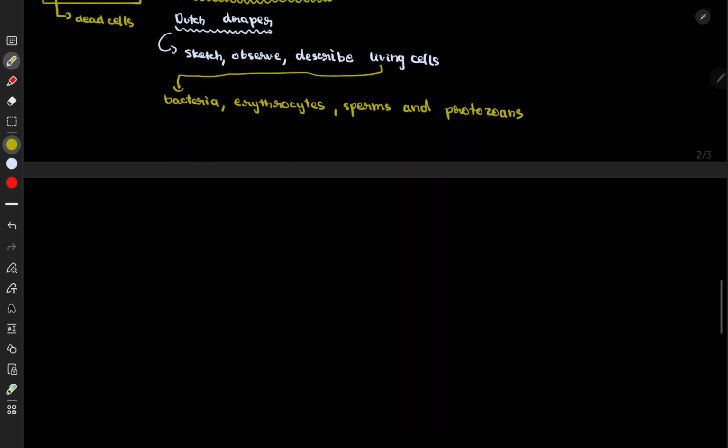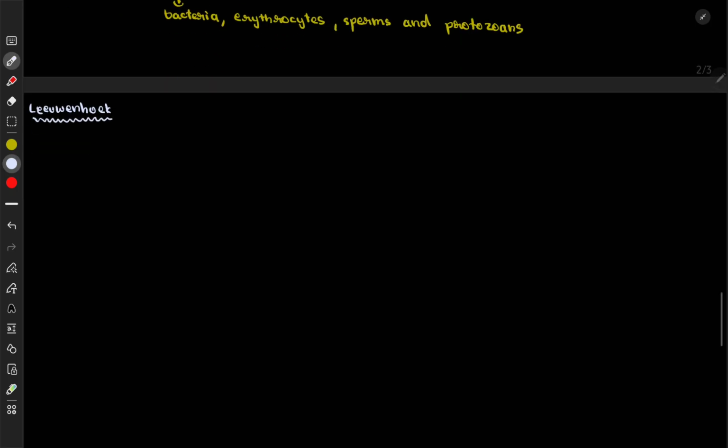So how did he observe this? It's a simple experiment. You would easily understand this. Let's say you have a beaker. Leeuwenhoek's experiment was the same, but he most probably didn't use a beaker, because beakers most probably did not exist at the time, or it's me being bad at history.